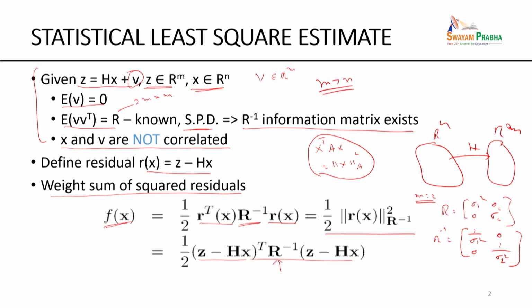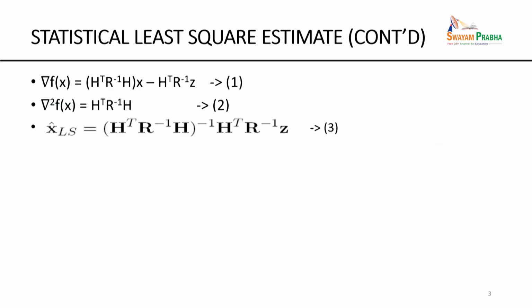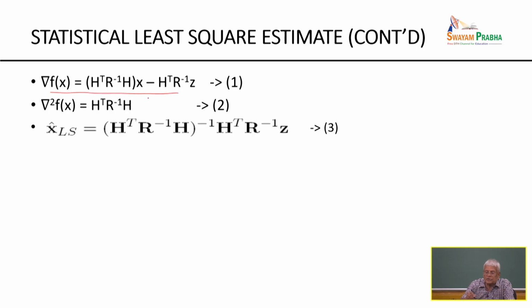I'm going to compute the gradient. I'm going to compute the Hessian, which we have already done. So this is the expression for the gradient. This is the expression for the Hessian. The least square estimate is obtained by solving this equation, the normal equation in this case.